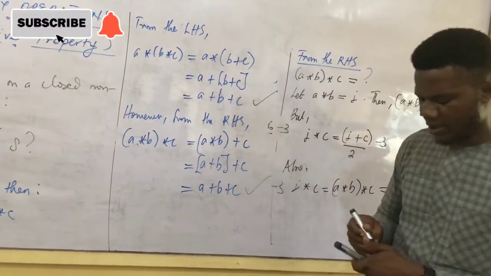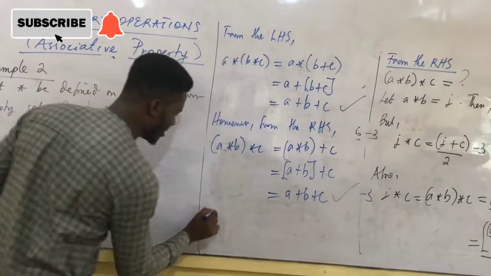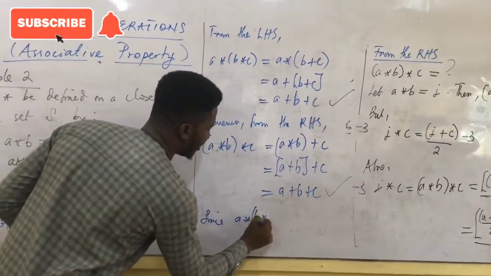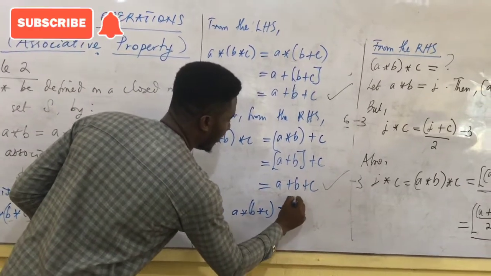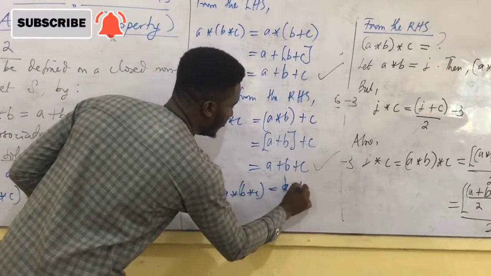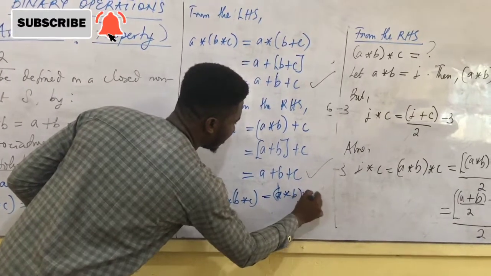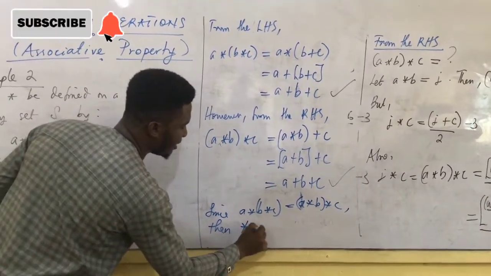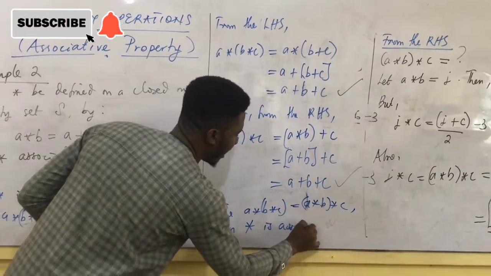It tells us that since A asterisk (B asterisk C) is equal to (A asterisk B) asterisk C, then asterisk is associative.